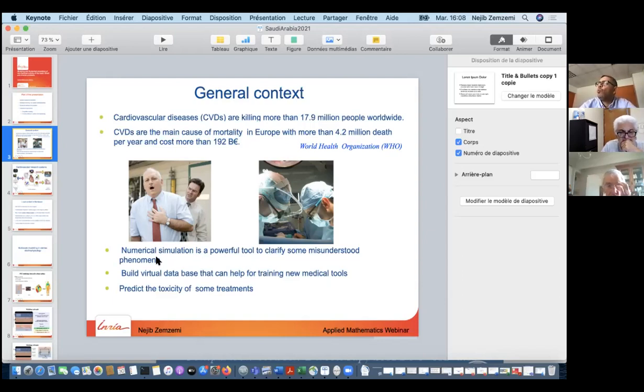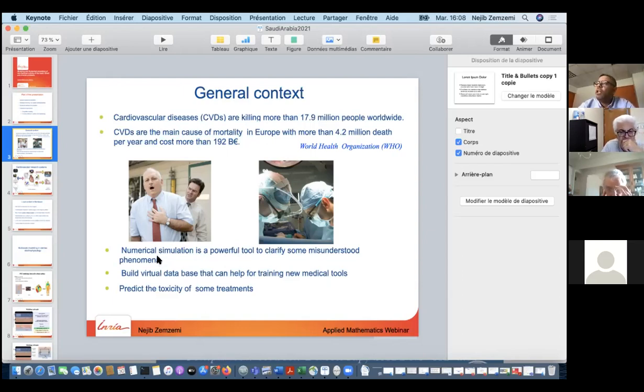In general, in the world, people are working on numerical simulation because they see it as a powerful tool to understand some phenomena like cardiac arrhythmia, which are not fully understood, and there are too many issues that are misunderstood in the phenomena of cardiac arrhythmia.